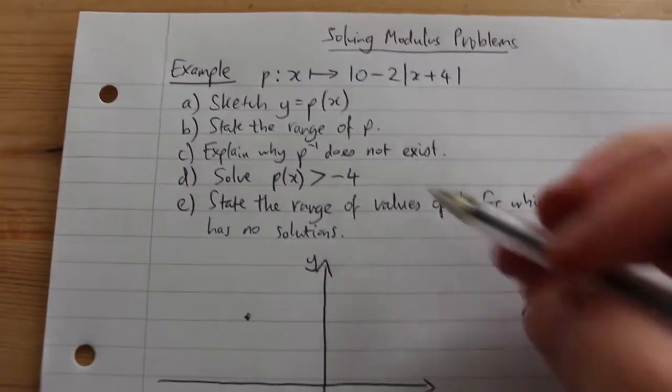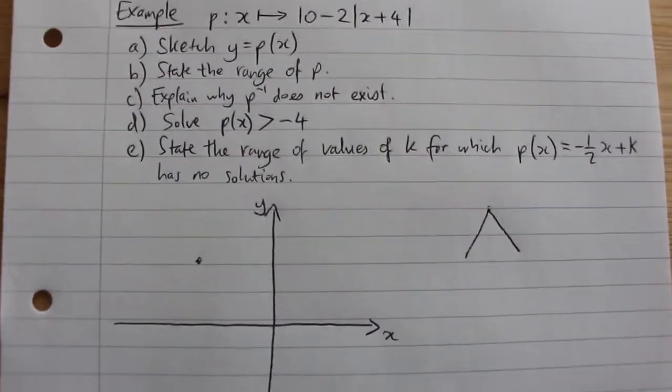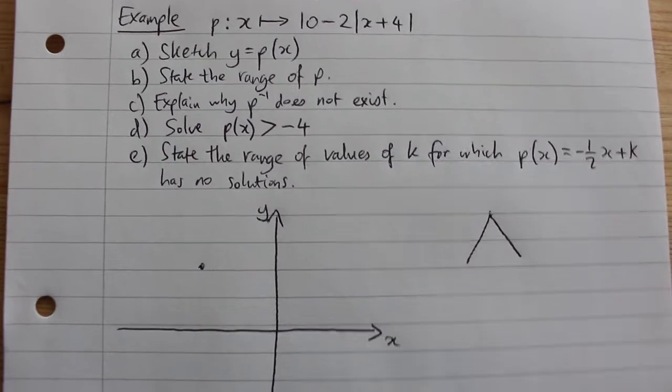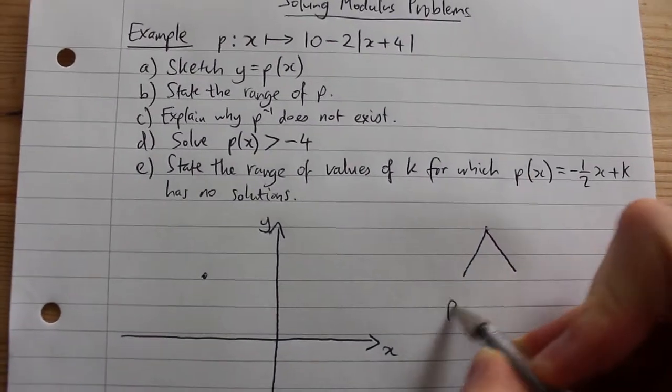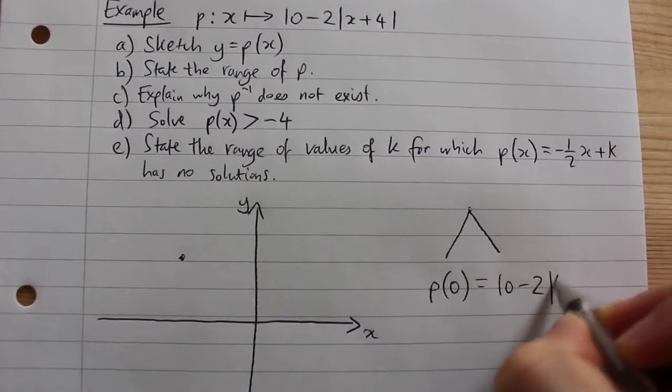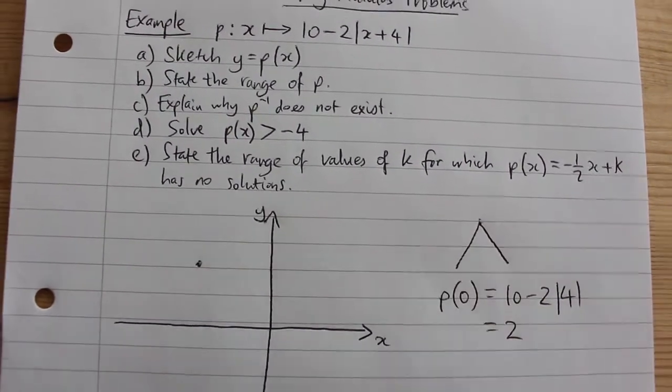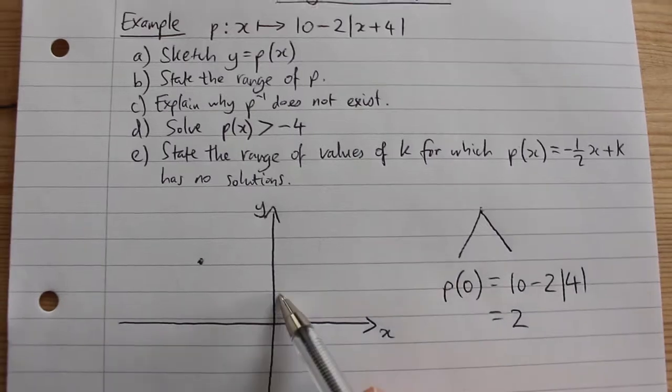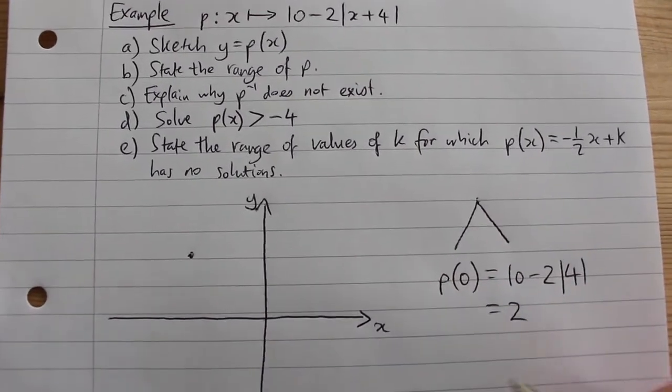Let's work out where this graph crosses the axes. So if x is 0, p of 0 is 10 minus 2 times the modulus of 4, which is 2. So we know it crosses the y-axis at 2.